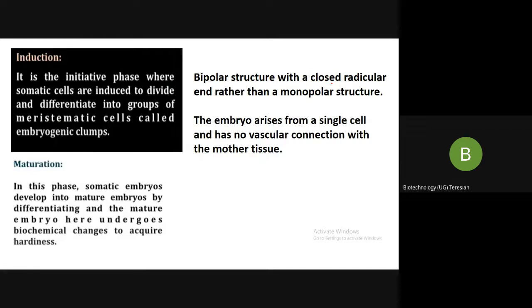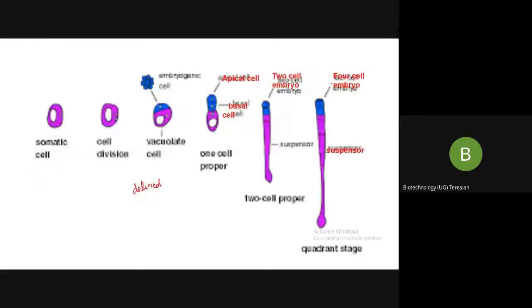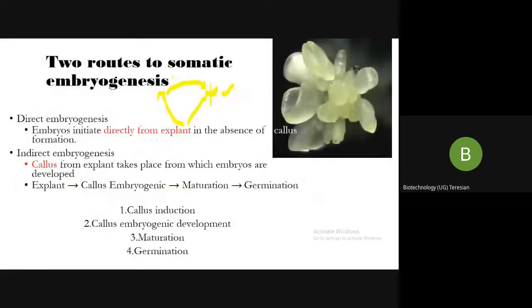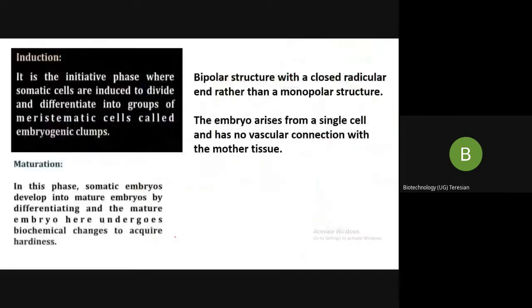And the first stage of the formation of embryogenesis is, as you have seen here, induction, then maturation, then go for germination. So these are the various steps which are required for the cells to undergo embryo formation.